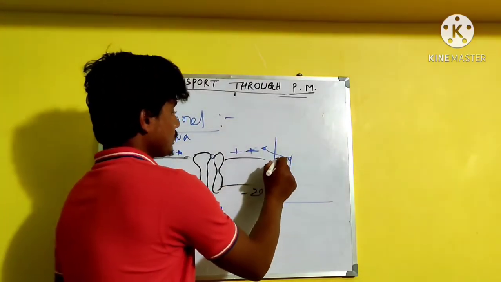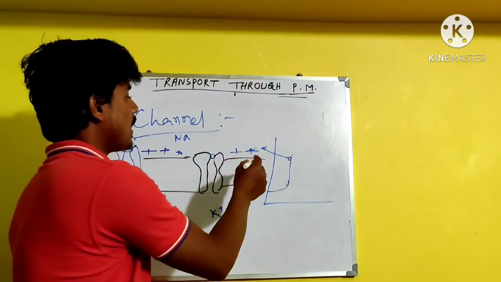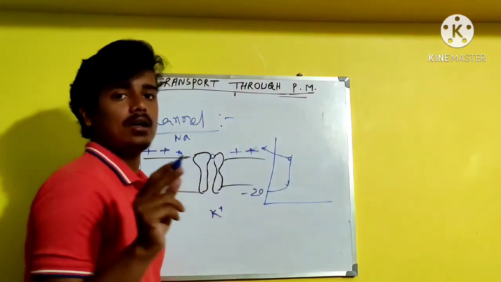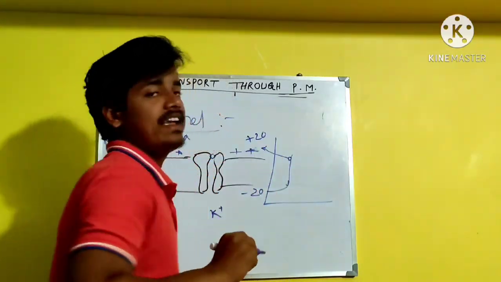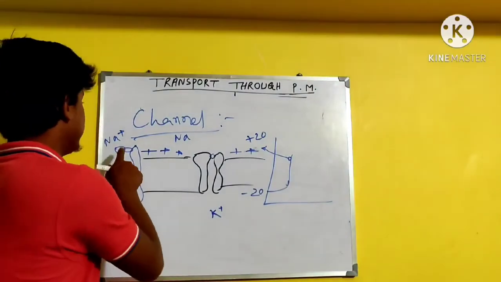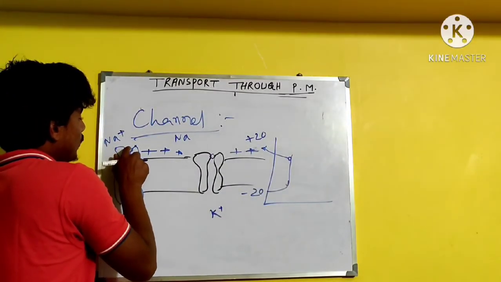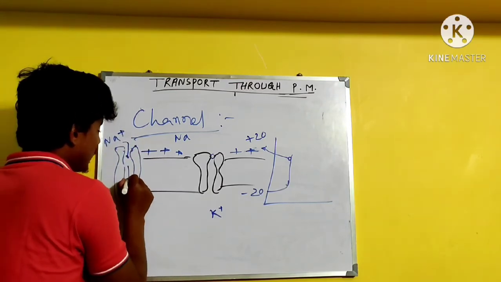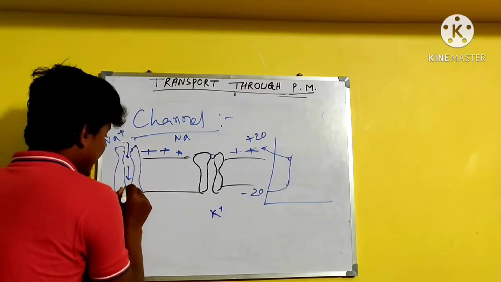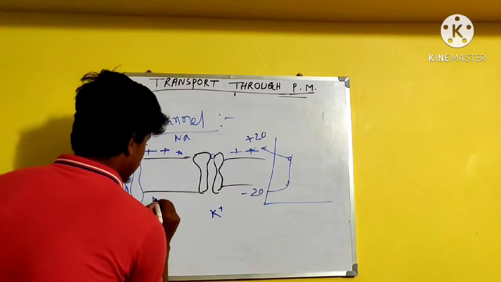When the action potential reaches the point plus 20, then Na plus will enter. This gate will open and Na plus will increase rapidly. Na plus will enter rapidly inside the cell.